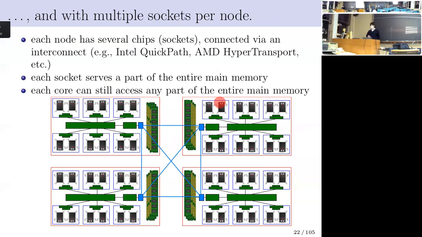And yeah, even more realistically, each server node has multiple chips, typically 2 or 4 and up to something like 8 at the maximum. So each one looks like what I have just described in the last slide. And each chip has its own so-called local memory that is somewhat closer to the particular chip.